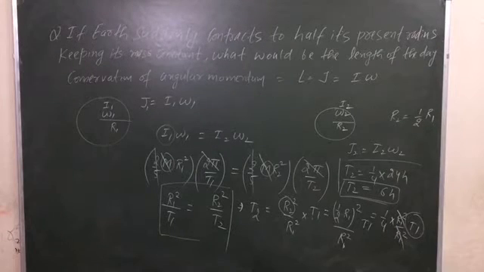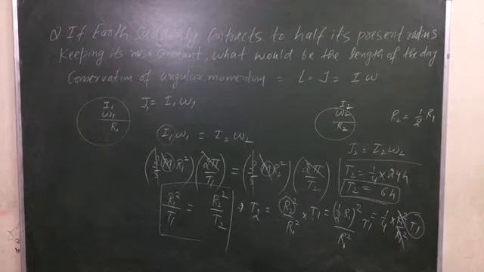According to conservation of angular momentum, I1 omega 1 will be equal to I2 omega 2. I1 is the moment of inertia of Earth. The shape of Earth is spherical. Therefore, radius of Earth is r1 and mass is m. Therefore, moment of inertia of Earth is given by 2 by 5 m r square. In the first case, 2 by 5 m r1 square. Omega 1 is given by 2 pi by T1.